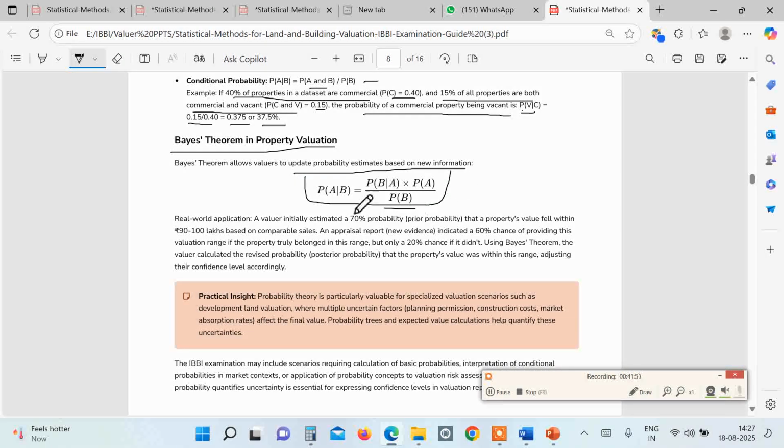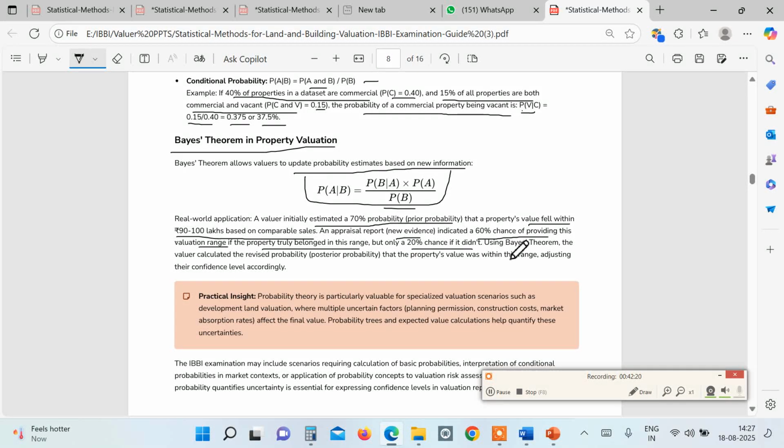Let us suppose a valuer initially estimates a 70% prior probability that a property's value will fall within 90 to 100 lakh based upon comparable sales. An appraisal report, new evidence, indicates that there is a 60% chance of producing this valuation range if the property truly belongs in this group, but only a 20% chance if it did not.